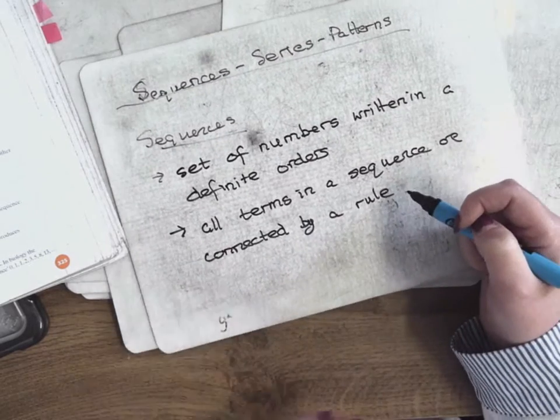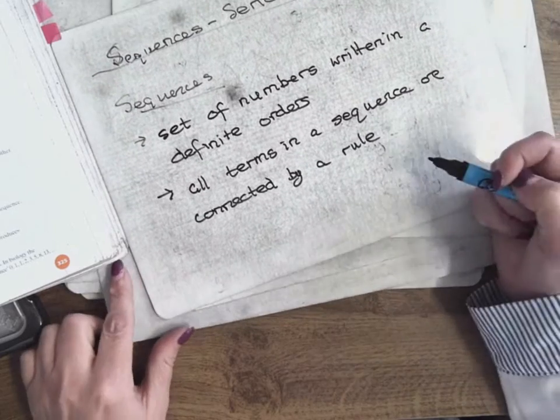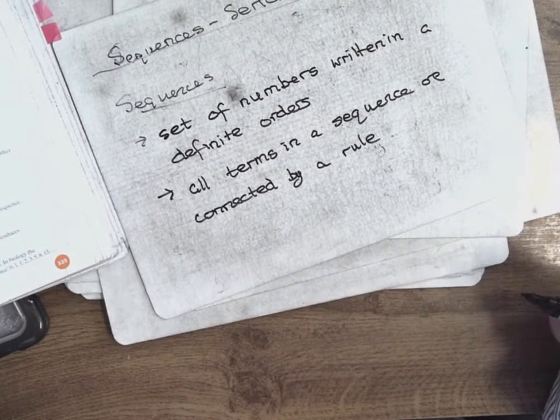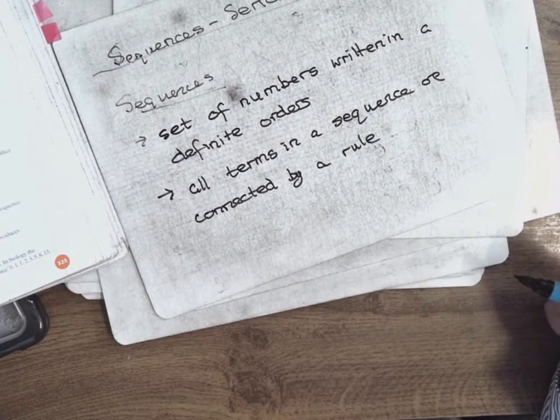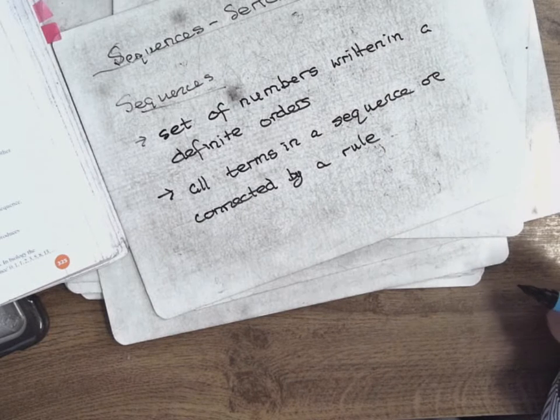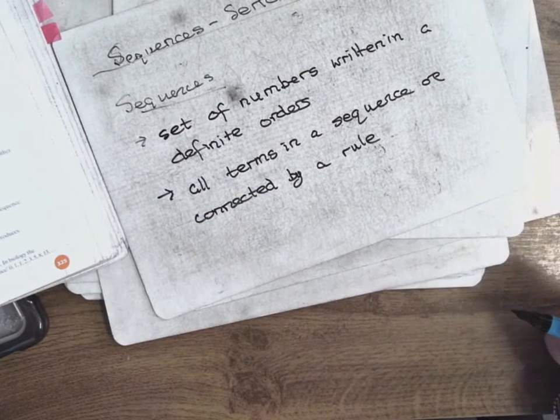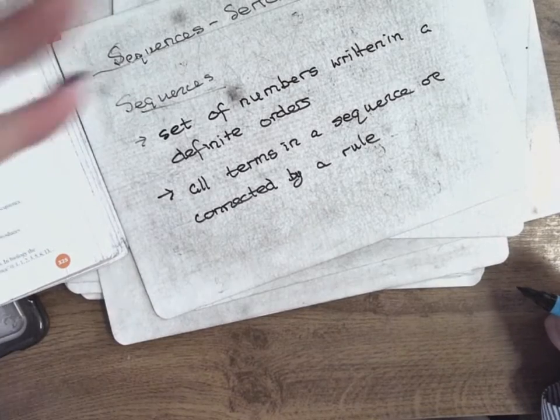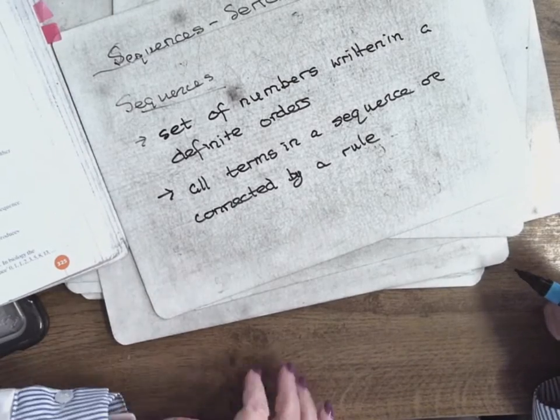Sometimes they give you the rule and ask you to write out the sequence. Sometimes they give you the sequence and ask, what's the rule? You learned all that in Junior Cert, right? Here's the rule, give me the sequence; here's the sequence, give me the rule.